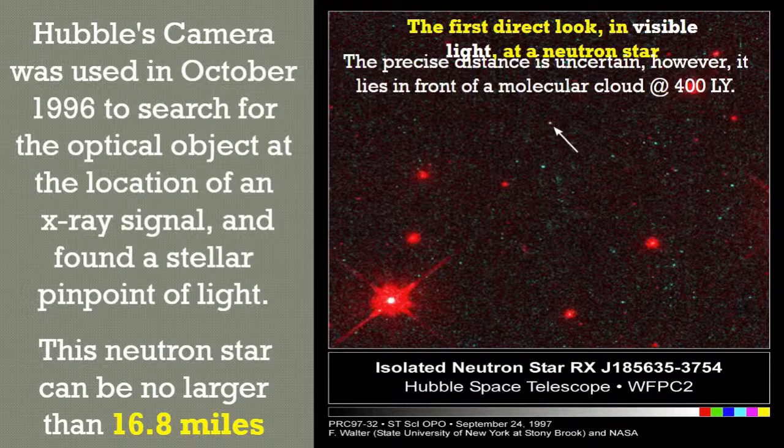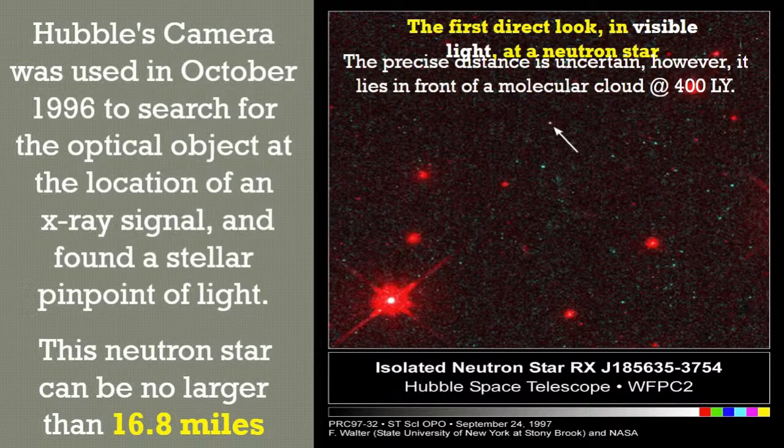We have hundreds of X-ray objects that have no apparent visual component, but they nailed down the location closely enough in 1996 of one of the pulsars, and that pulsar was up here, and they trained the Hubble there because of the location of that X-ray signal.